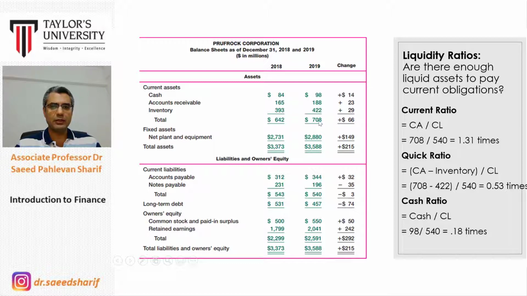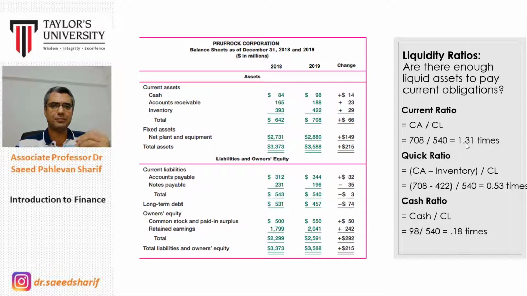We divide by current liabilities. The total value for 2019 is $540 million. So 708 divided by 540 will give you 1.31 times or dollars.